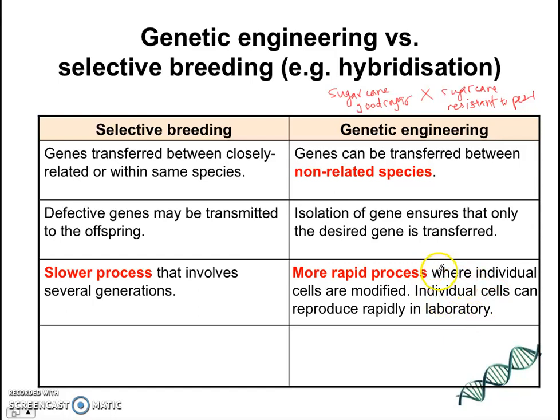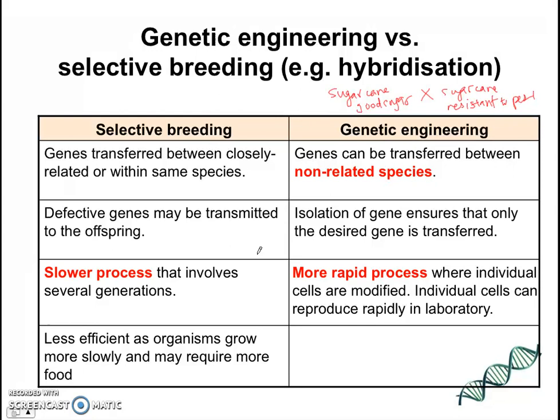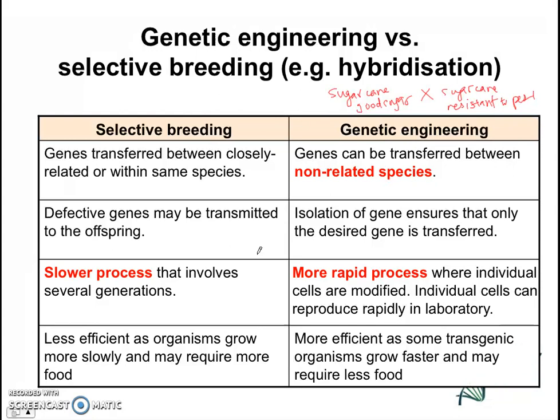In the case of that BT corn, I modify a few plant cells, and then I get those plant cells to divide and grow into a new plant. So it's a much faster process than breeding. In the same way, selective breeding is less efficient, while genetic engineering is a lot more efficient, as we can grow those transgenic organisms much faster and they don't require as much support in terms of food.